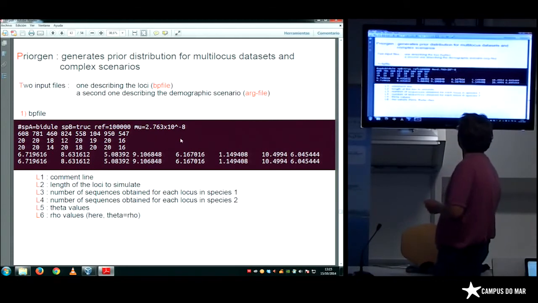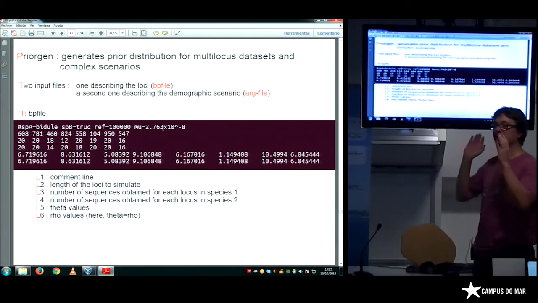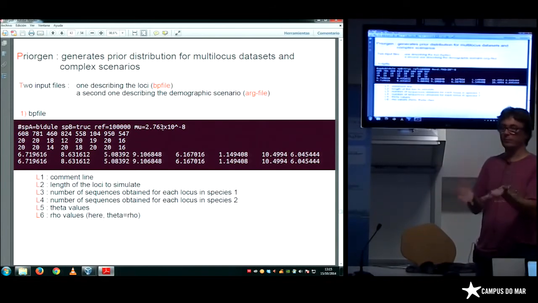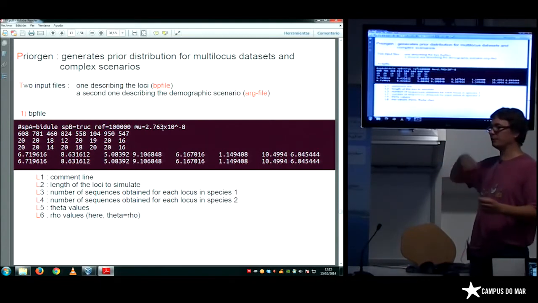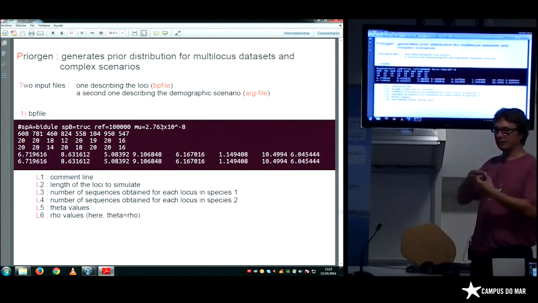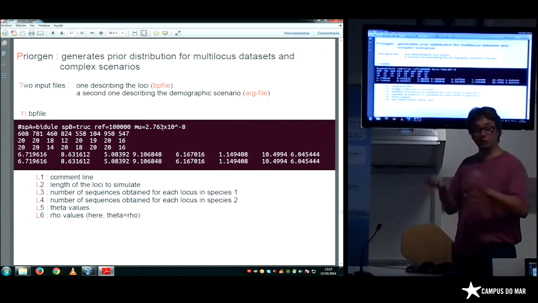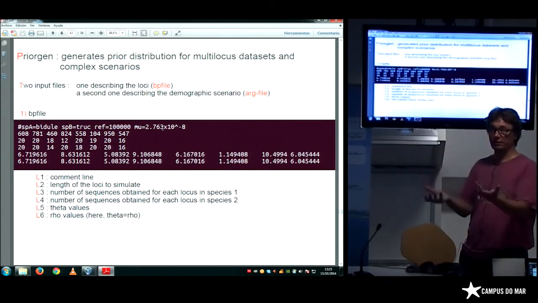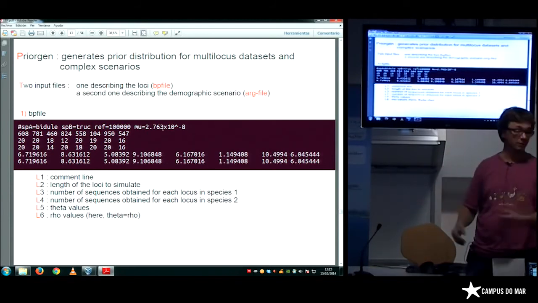And mu is the mutation rate we have chosen for the analysis. In this case, we decided to fix the mutation rate, which has been obtained with a comparison with a distant species and calibrated by a molecular clock. But if you don't know the mutation rate, you can add it as a parameter, but it adds one more parameter in your analysis.